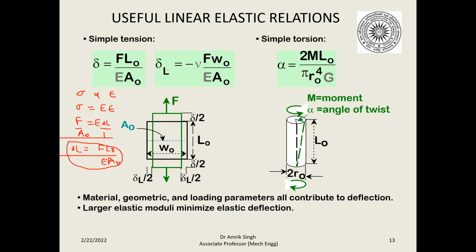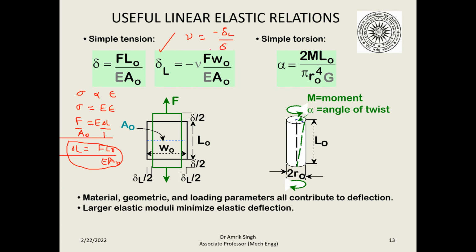From here, the change in lateral direction, because when it is compressed it is increased, is nu F into original width upon the area. You can put this value and find it out, because nu is equal to minus delta L lateral on the longitudinal.